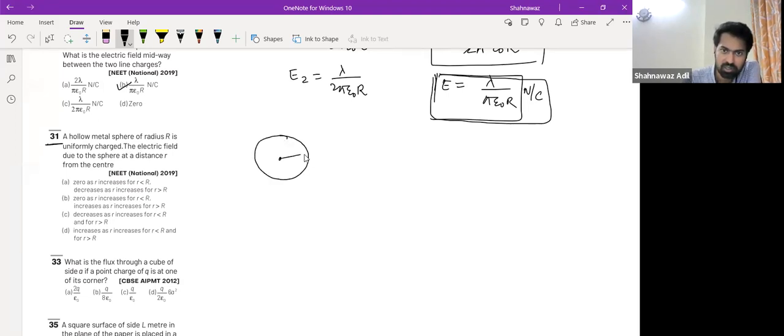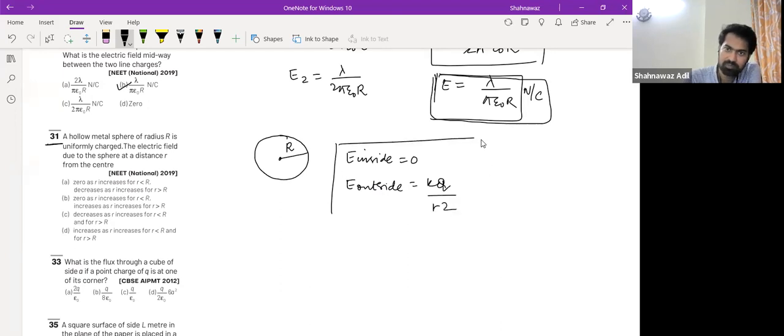And E inside is how much, Aisha? 0. And E outside is KQ by r square. E inside means r is less than R. And E outside means r is greater than R.